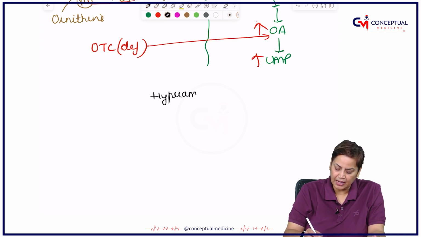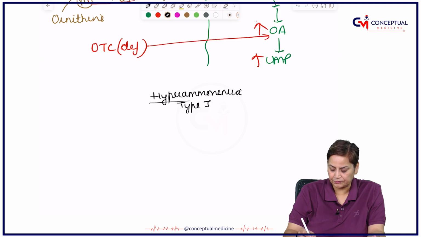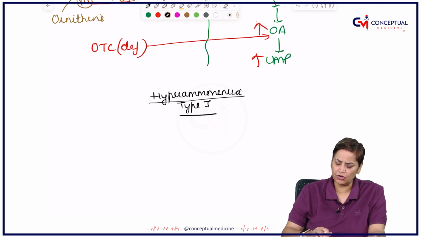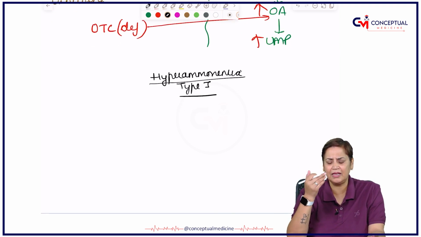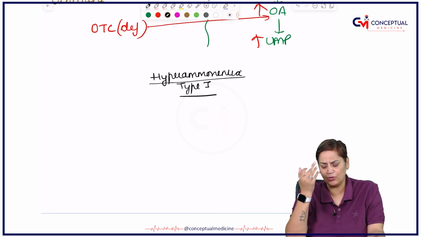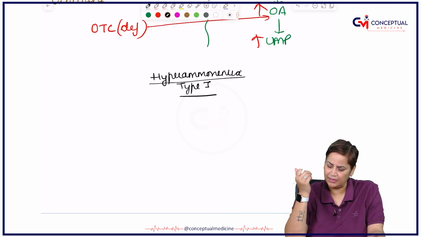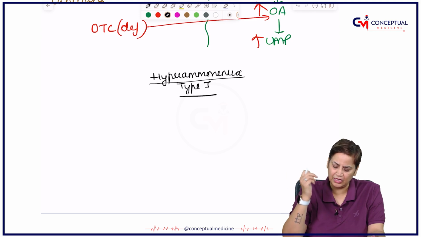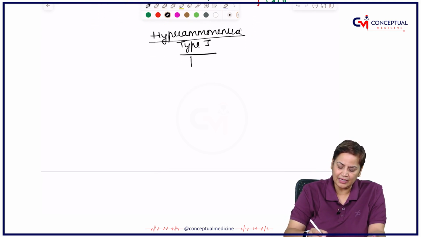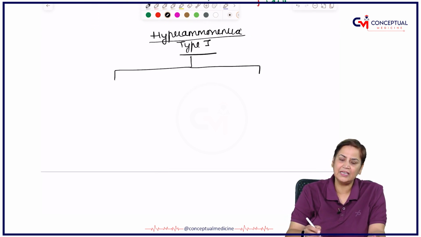If a patient is complaining of type 1, there is increased concentration of ammonia, encephalopathy is there, respiratory alkalosis is there, that means the concentration of ammonia is high. So what will be the difference?